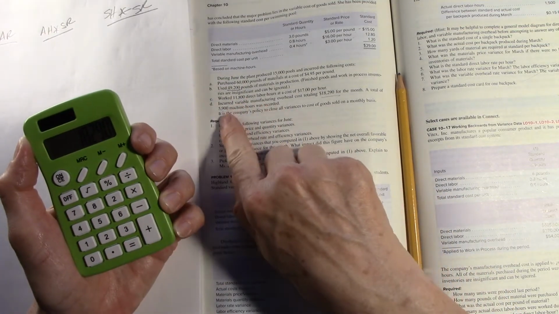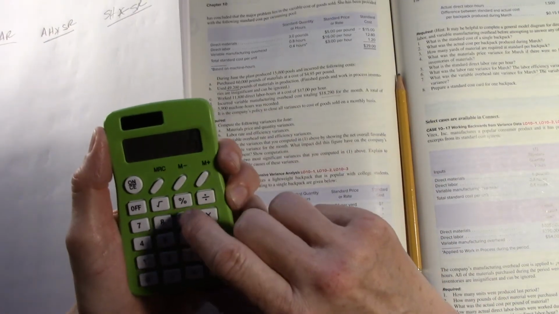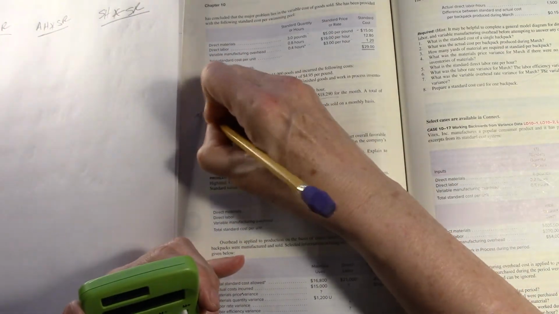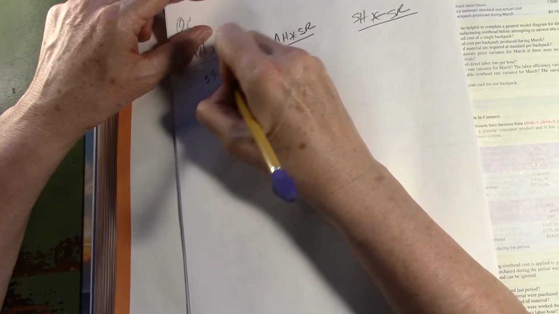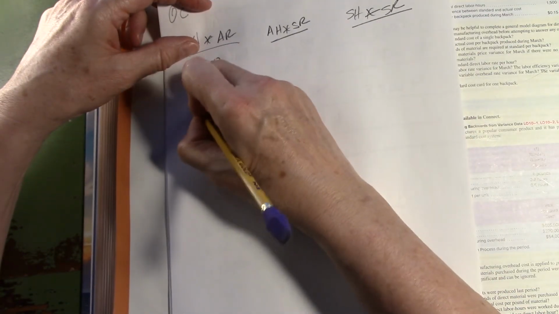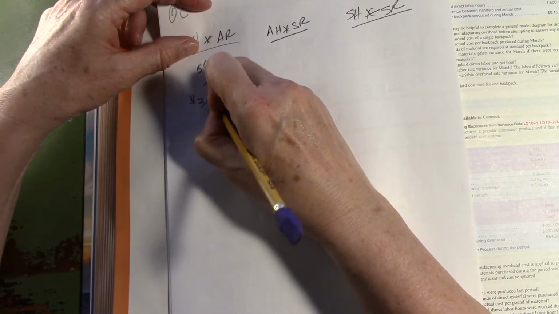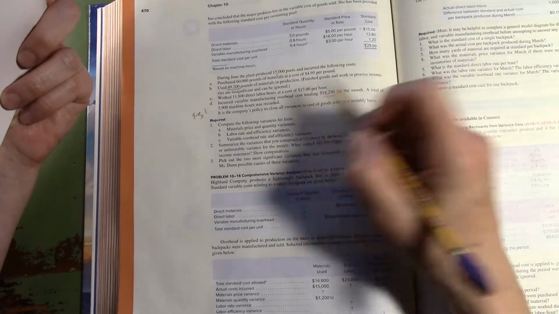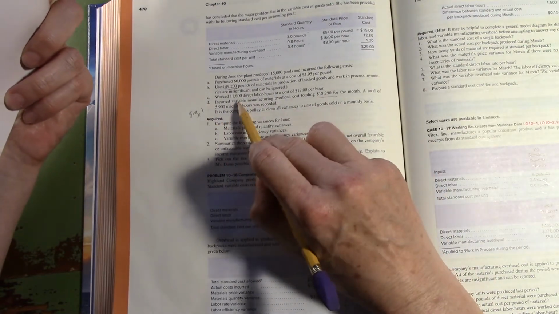Divided by 5,900, 3.1. All right, so the actual hours is 5,900 times 3.1 is equal to, and we already knew that, we know that it's 18,290.